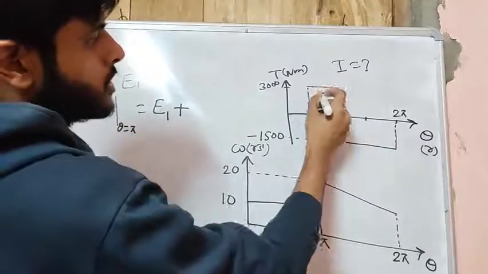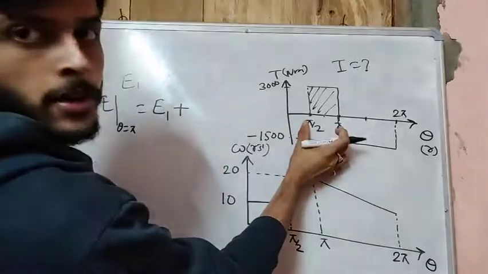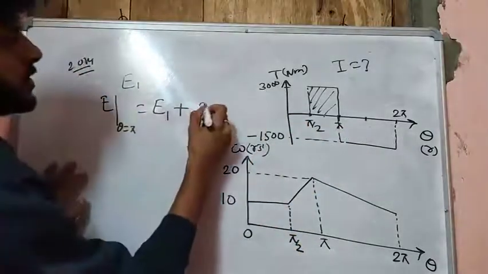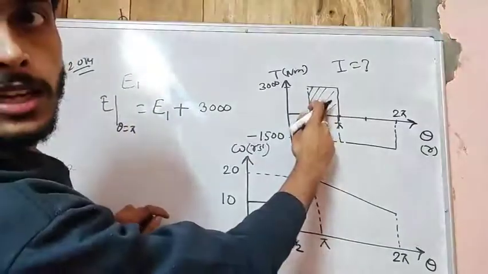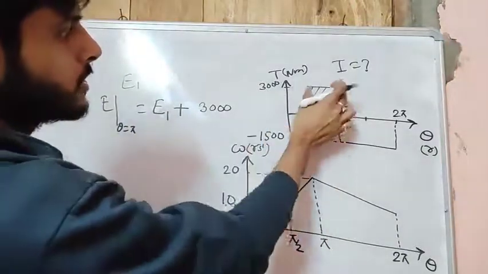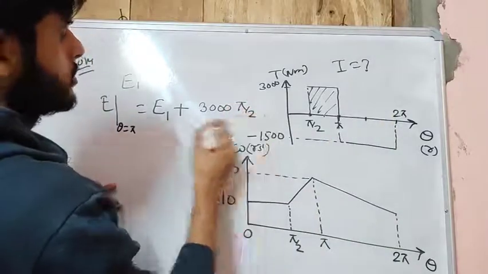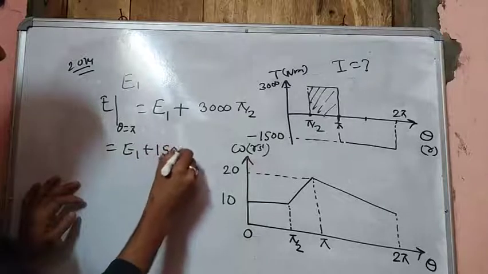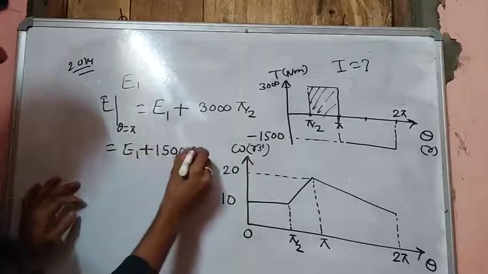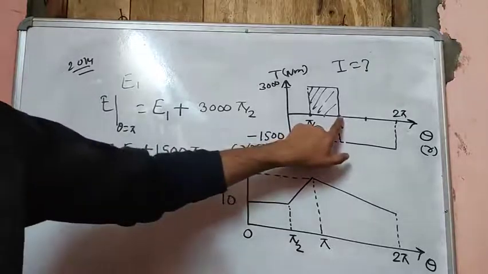This quantity is the area under this curve. The energy is integral T d theta, the area under this curve, 3000 vertical height multiplied with pi by 2. So this is basically E1 plus 1500 pi. So this is the energy of the system at the end of this stroke.